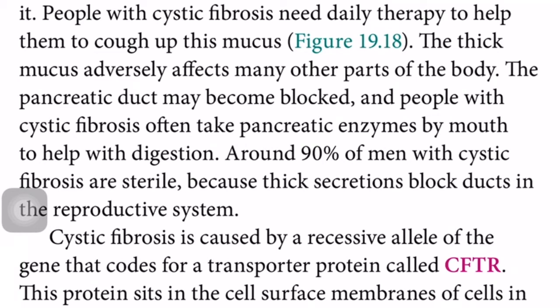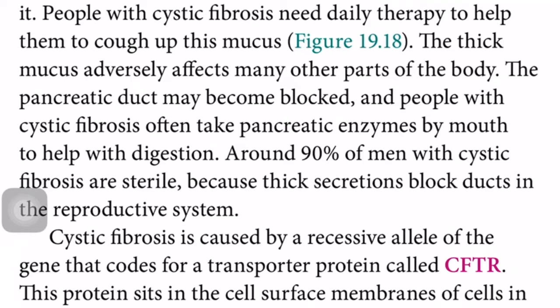Mucus is a jelly-like substance which is produced in the lungs to trap the bacteria and debris, dust from the air inhaled. So they need to be removed, else it's a good environment for bacteria to breed in.